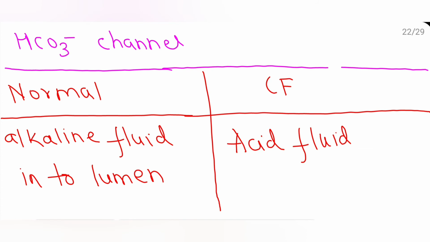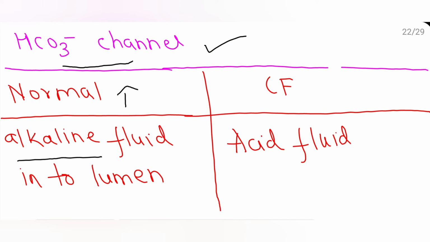The story doesn't end here with the chloride channel and sodium channel. Next comes the hero, the bicarbonate channel. Normally, because of this bicarbonate channel, bicarbonate is secreted into the lumen, so the secretion will be alkaline.